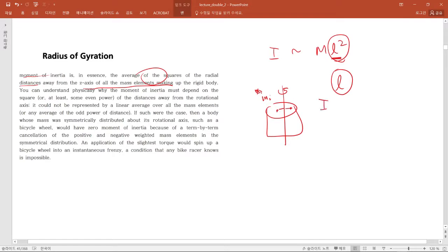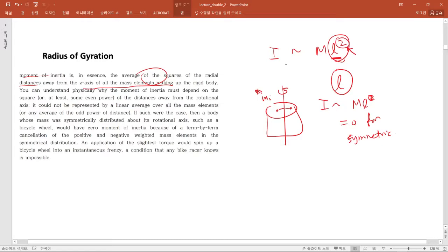So if it were linear, it should always be zero for a symmetric object. But we know that this is not true, because it has moment of inertia. You need some external torque to rotate this thing, so it has to go like m l squared.